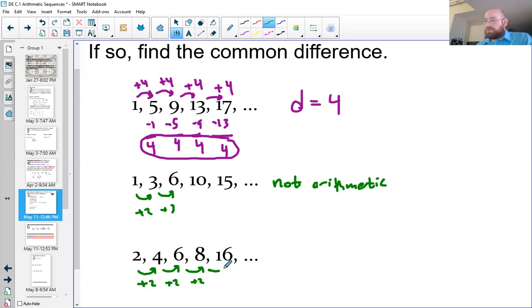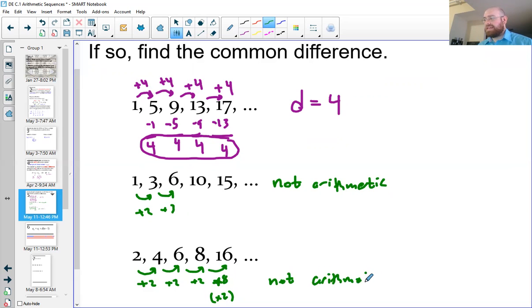But if we go once more, 8 to 16 gives us plus 8, or we can think of it as times 2 rather than plus 2. So the pattern is broken, and this is also not arithmetic.